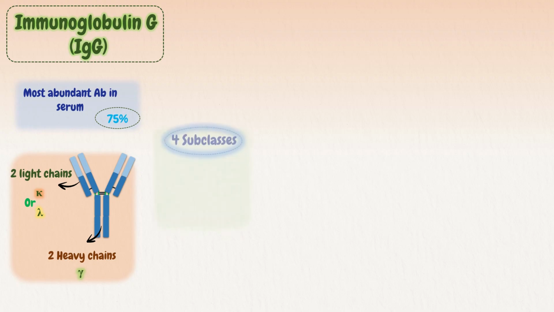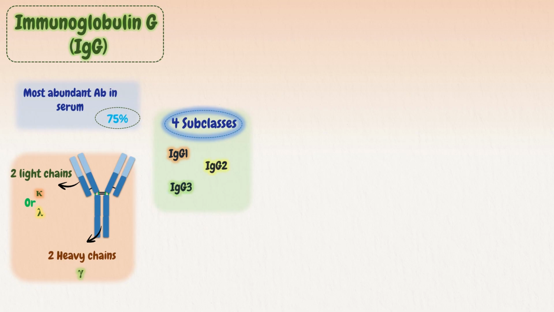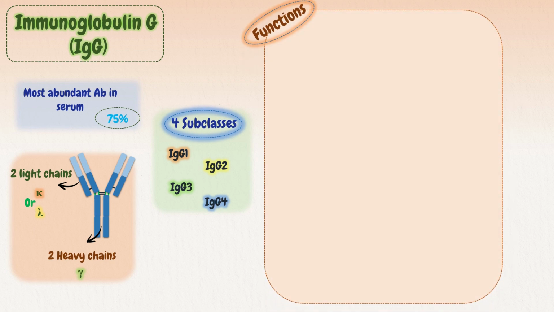IgG has 4 subclasses in humans, that are IgG1, IgG2, IgG3, and IgG4, having gamma 1, 2, 3, and 4 respectively. The different IgG subclasses have slightly different structures and functions, although they are closely related to each other.